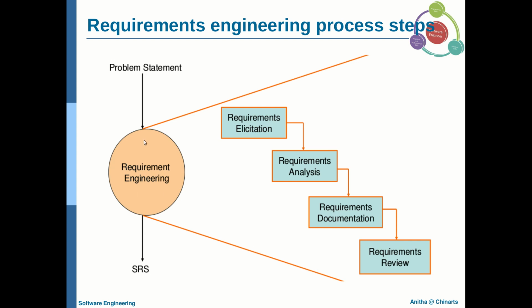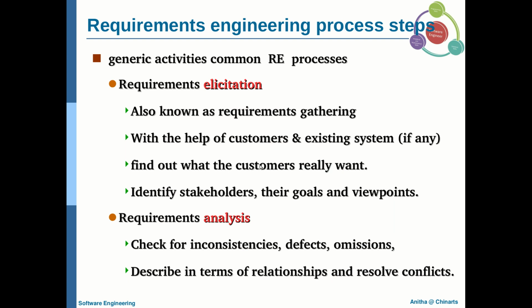Now in this requirement engineering process, we have 4 different steps. One is requirement elicitation, the second one is requirements analysis, then requirements documentation, and requirements review. So these are the generic 4 activities of any requirement engineering process.